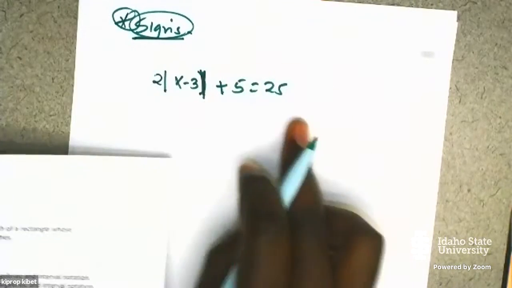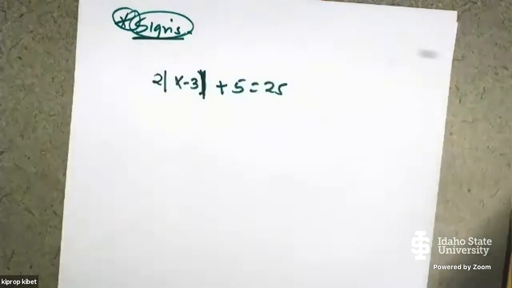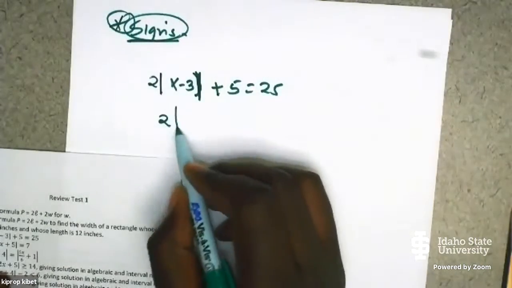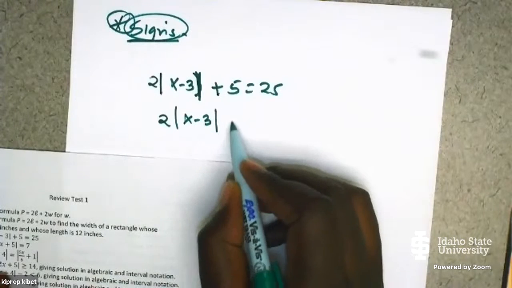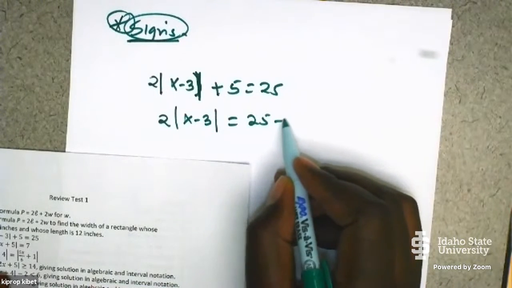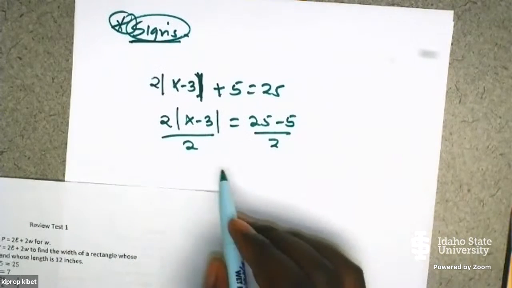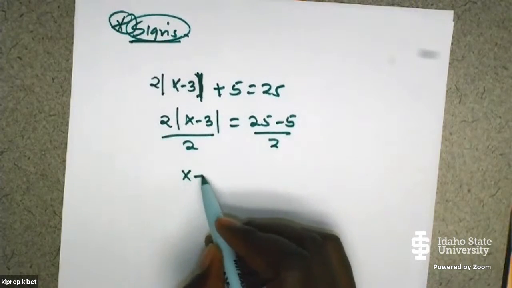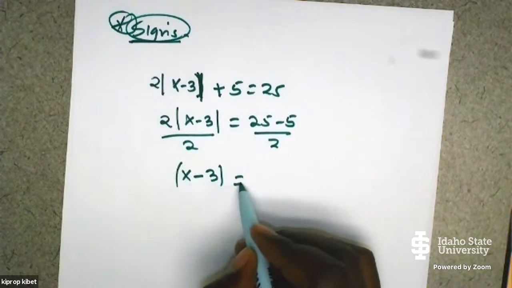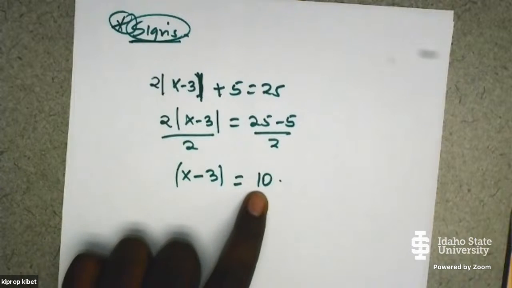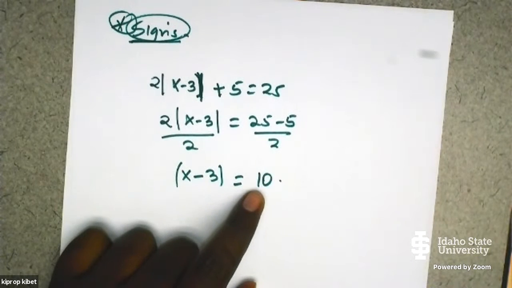Make sure everything is taken to the other side. Once you take this to the other side, 2 absolute value of x minus 3 equals 25 minus 5. And then you divide by 2. So you remain with the absolute value on one side equals 10, right? So if this is negative, what did we say?